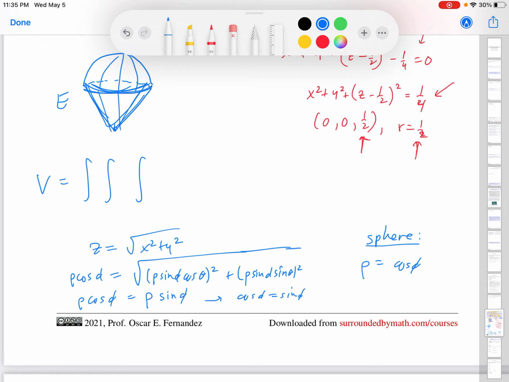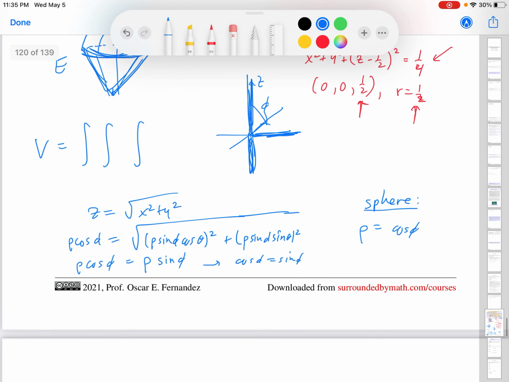This is phi equals 0, this is phi equals pi over 2, this is phi equals pi, and that's it. Going backwards doesn't make sense when you draw solids. So we confine phi to 0 to pi. Solving for phi between 0 and pi, I get phi equals pi over 4. That's when tangent is 1.